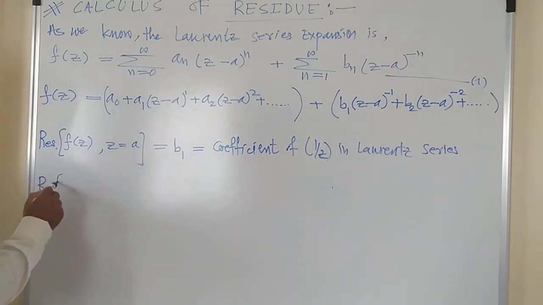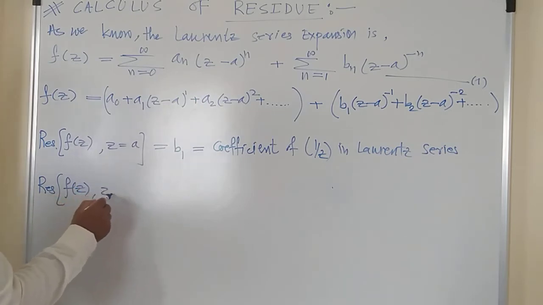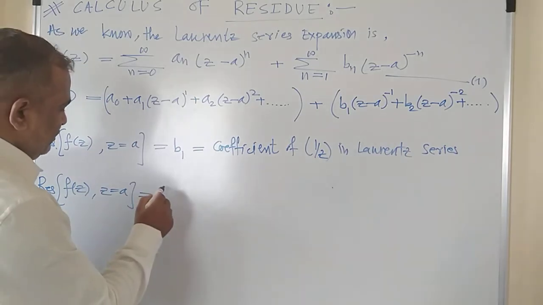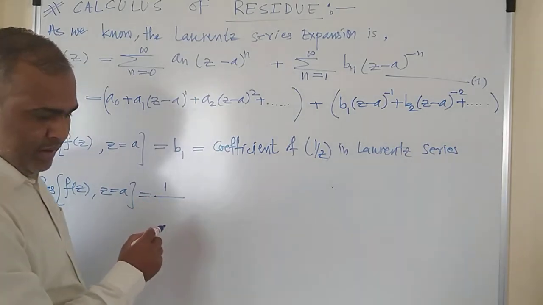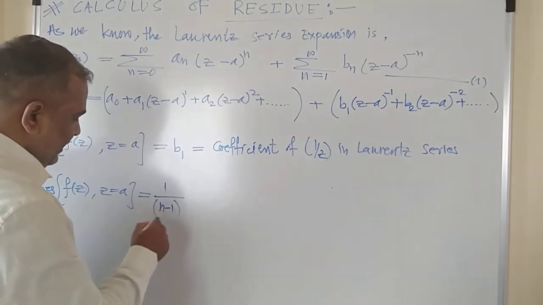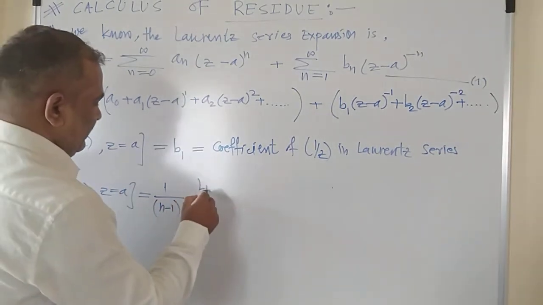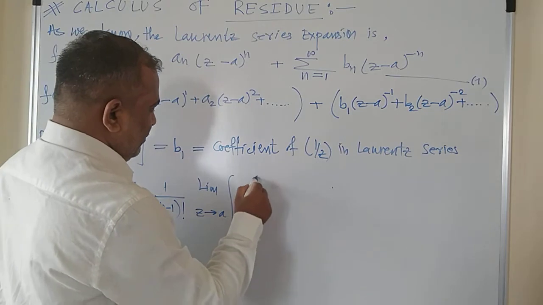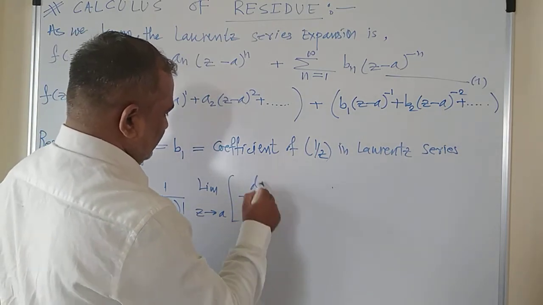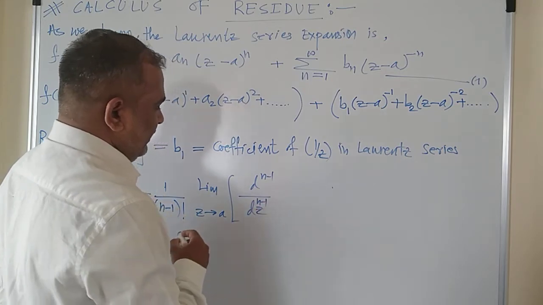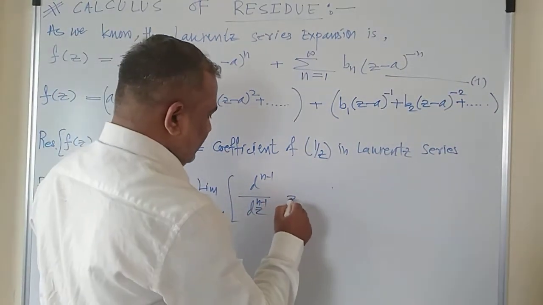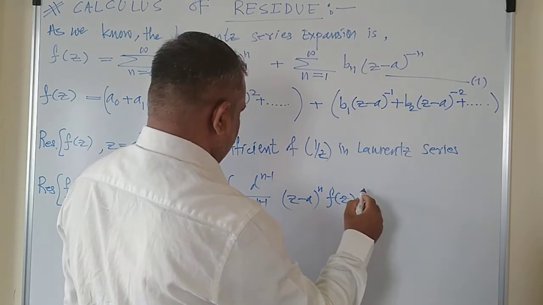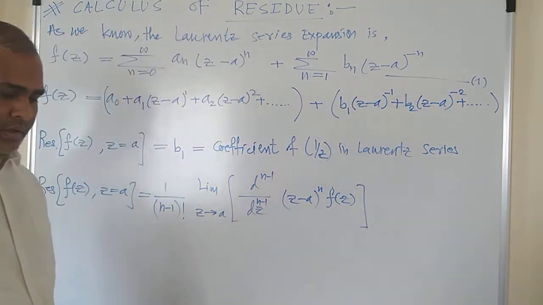The other formula is the residue of the function f of z at z is equal to a is equal to 1 upon n minus 1 factorial, limit z tends to a, n minus 1th derivative of the function z minus a raised to power n into f of z, right?